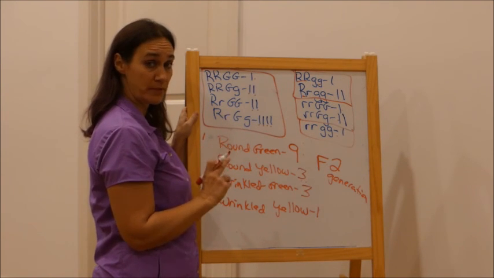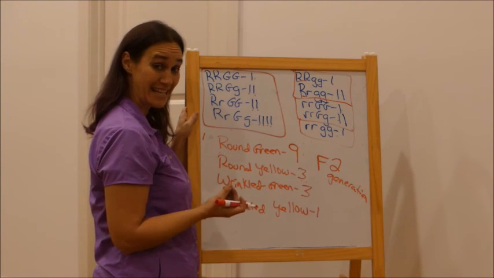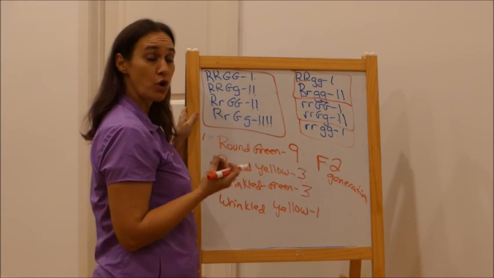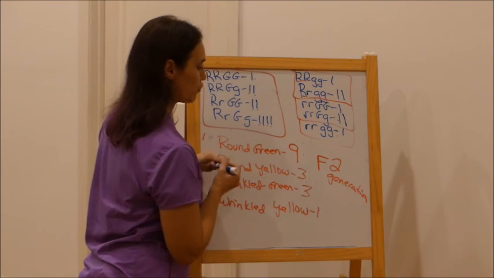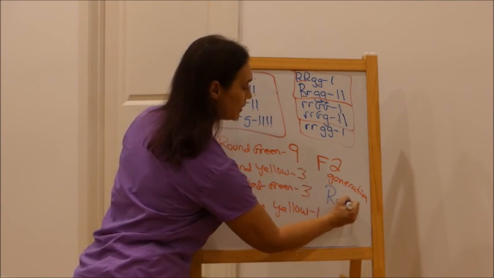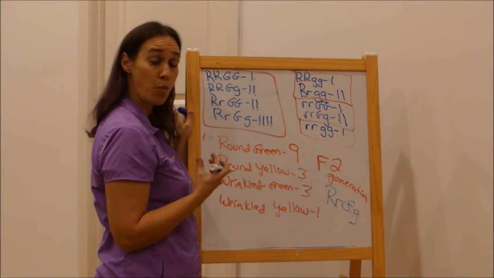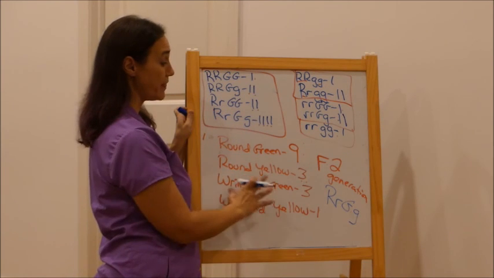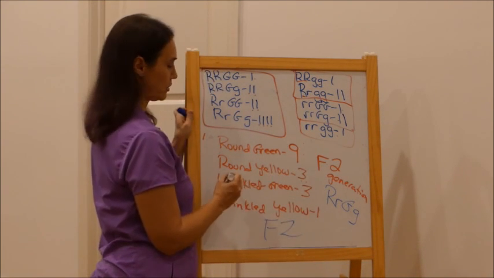Out of that cross from the original parents, we got an F1 generation of 16, and all of those were heterozygous for each trait. So all of those were capital R, capital G, little g. We took 2 of those F1 generations, we bred them together, and this is all our F2 generation, okay?